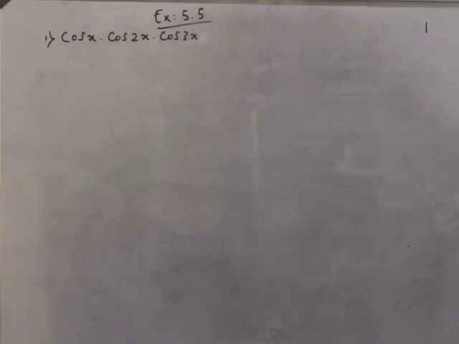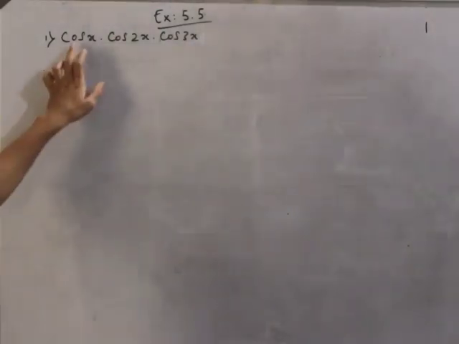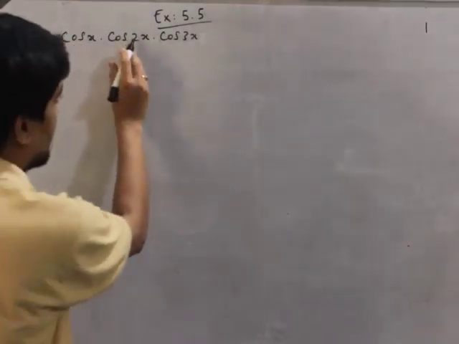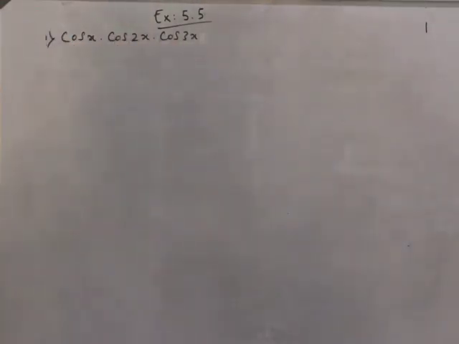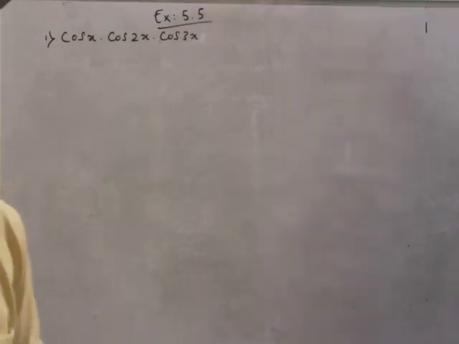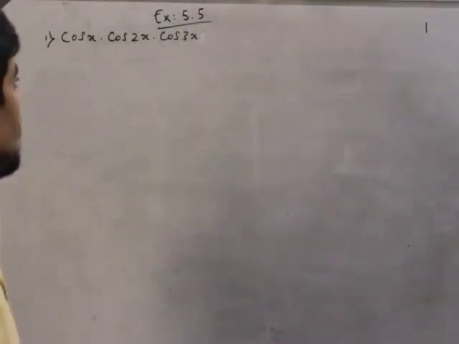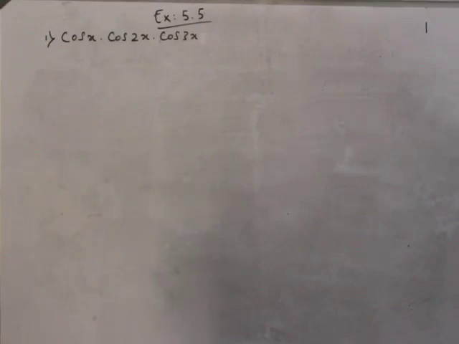This is the given function. You have to differentiate with respect to x, and there are two ways. The first method is applying product rule. You should consider this as u, this is v, and this is w. In that way also you can solve. And there is another method, that is nothing but logarithmic differentiation, applying log and then we have to differentiate this function.